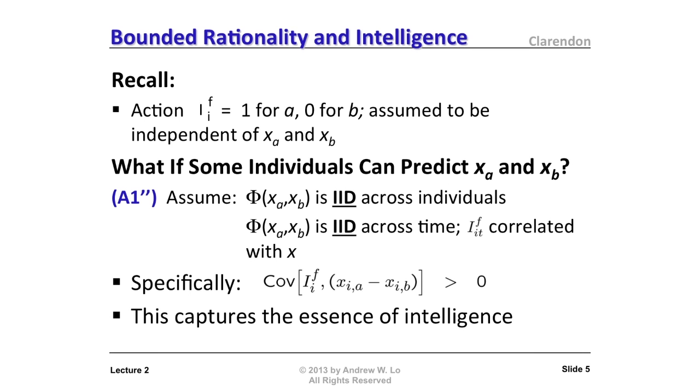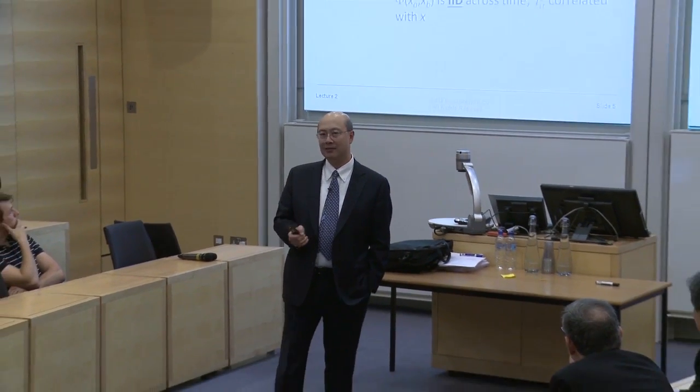In other words, suppose that individuals, for whatever reason, have correlation with outcomes. If you change this assumption and now allow individuals to have behavior that is correlated with X, that's intelligence. Well, I should be careful. If it's positively correlated, that's intelligence. If it's negatively correlated, that's stupidity, right?